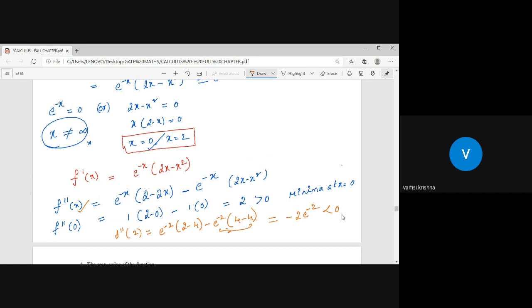So if it is less than 0, then you can confirm that the given function has maxima at this point. Yes, the given function is having maxima at this point. What is that point? At 2. So answer is 2.